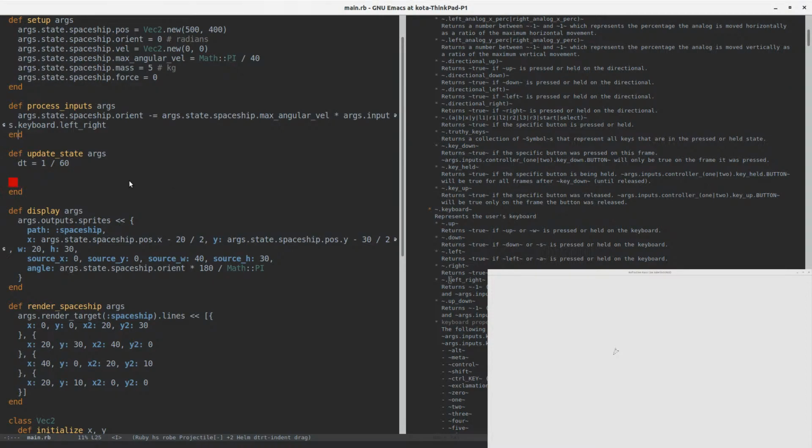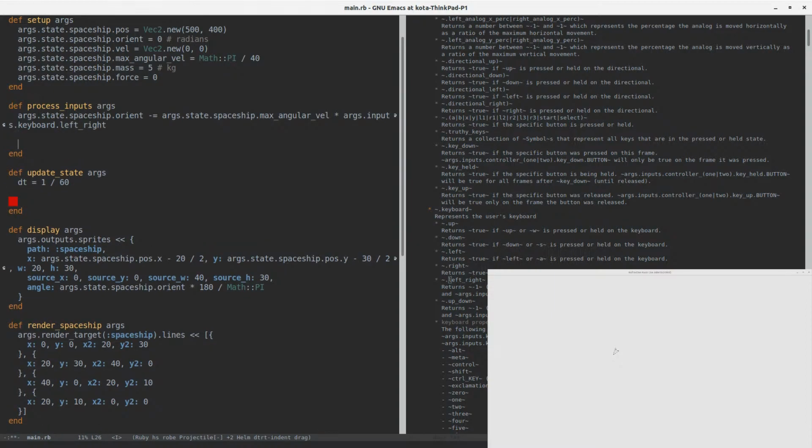Okay, so anyway, we'll also add, and I don't love this because the input should be entirely separate from the state of the robot, the vehicle itself. But we can just kind of stick things in here for now.